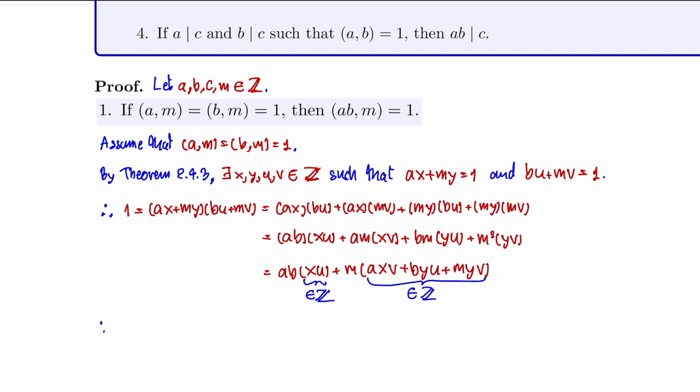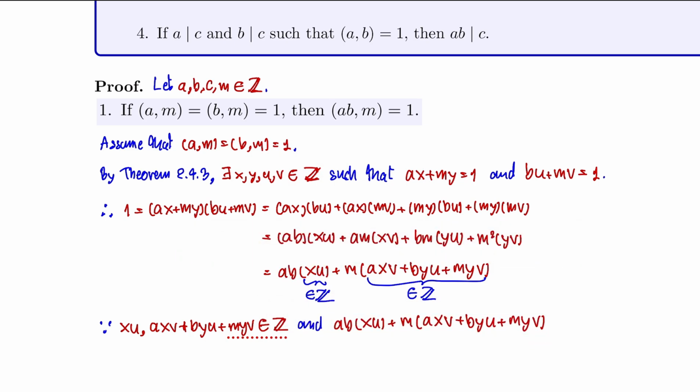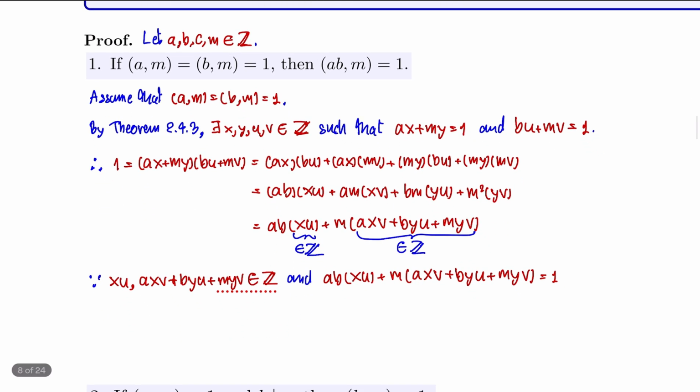So since xu, axv plus byu plus myv are integers, and this expression equals 1, what do we have?